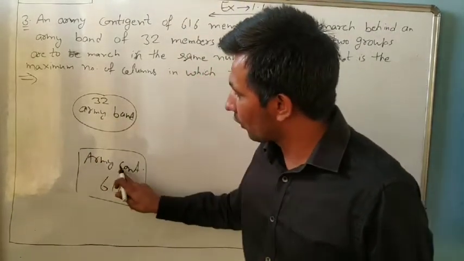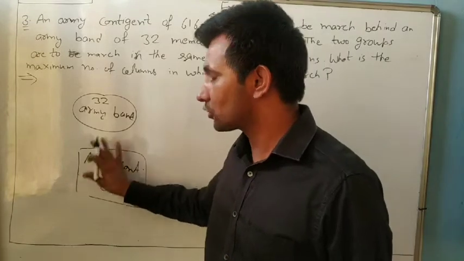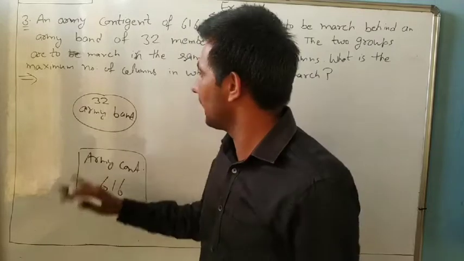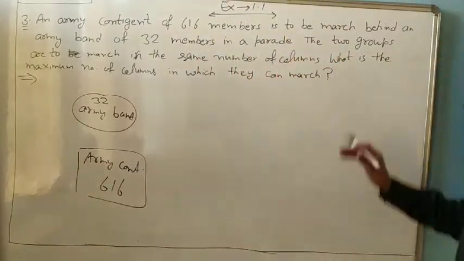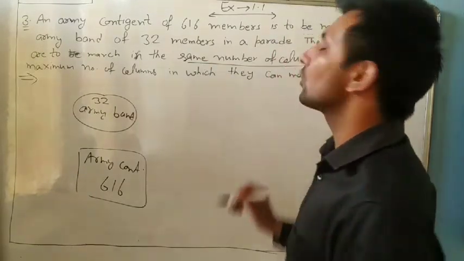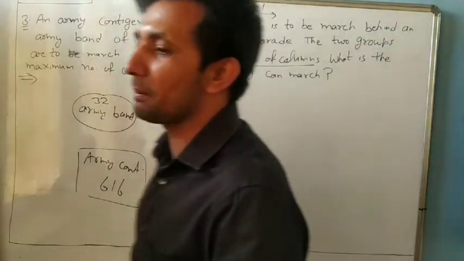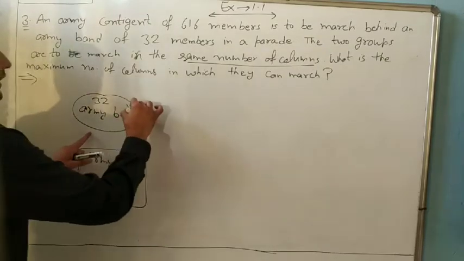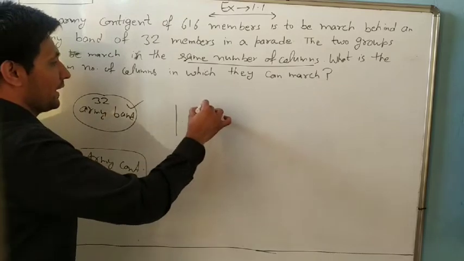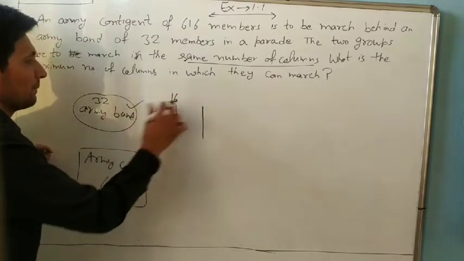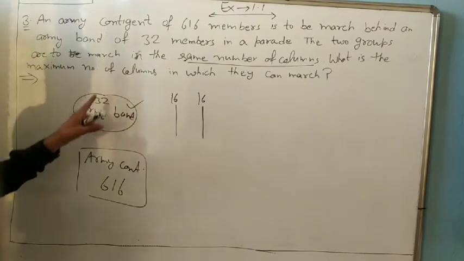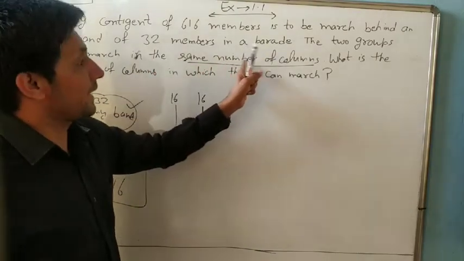But the army contingent members should march behind the army band members. The two groups are to march in the same number of columns. Same number of columns means, if 32 members are marching in two columns, suppose 16 in the first column, 16 in the second column, it means the same number of columns.